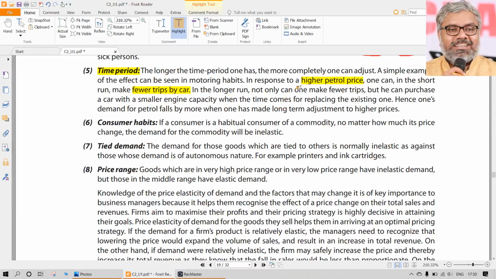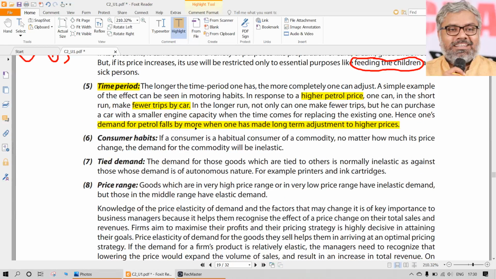But slowly, over a period of time, in the longer run, they will not only make fewer trips, but they can purchase a car with a smaller engine capacity when the time comes for replacing the existing one. So the point is, demand for petrol falls by more once one has made a long-term adjustment to higher prices. That is the conclusion here for time period.